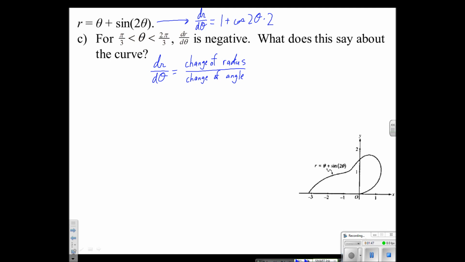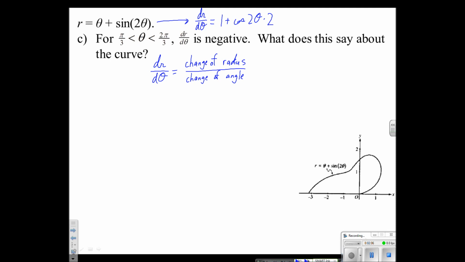We always assume the variable is increasing, so theta is increasing. And if this is negative, that means there's going to be a negative change in radius as the angle gets bigger. A negative change in radius just means the graph is getting closer to the origin.